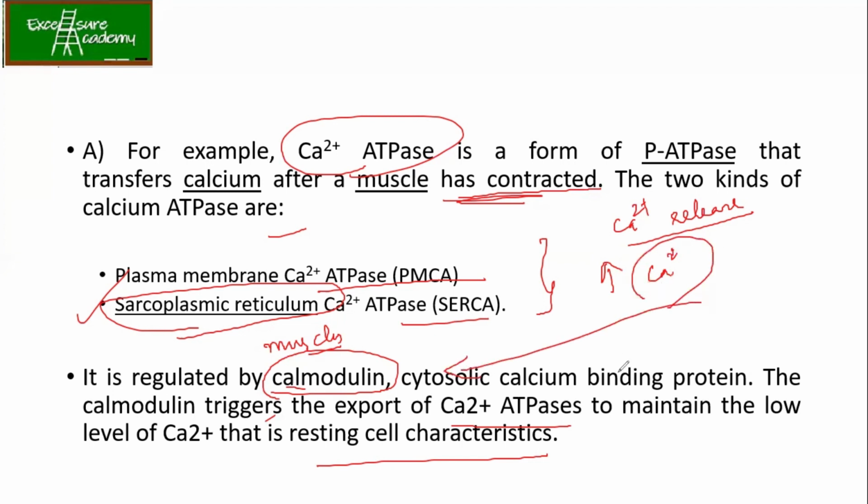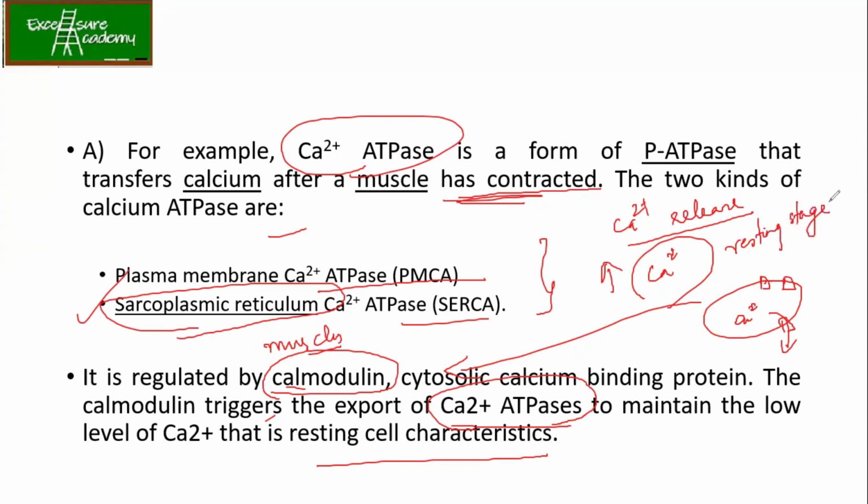What are calmodulin? They are cytosolic calcium binding proteins. So this triggers the response in the cell to increase the formation or synthesis of the calcium 2 plus ATPases. So once these are exported to the plasma membrane of the muscle cell, what will happen? These calcium 2 plus ions will be pumped out and the cell will come to its resting stage.